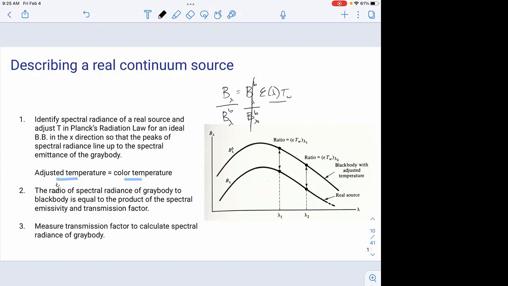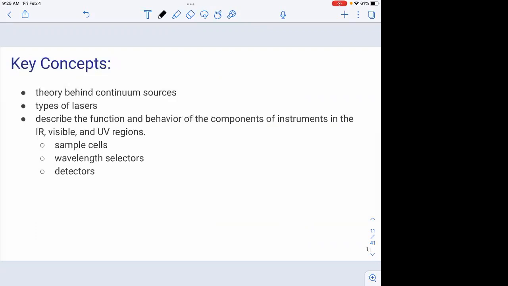Then I can measure the transmission factor in order to calculate the spectral radiance of that gray body. All right, so I can mathematically describe a gray body's emission spectrum. So a little bit of theory to get you going this morning on continuum sources.